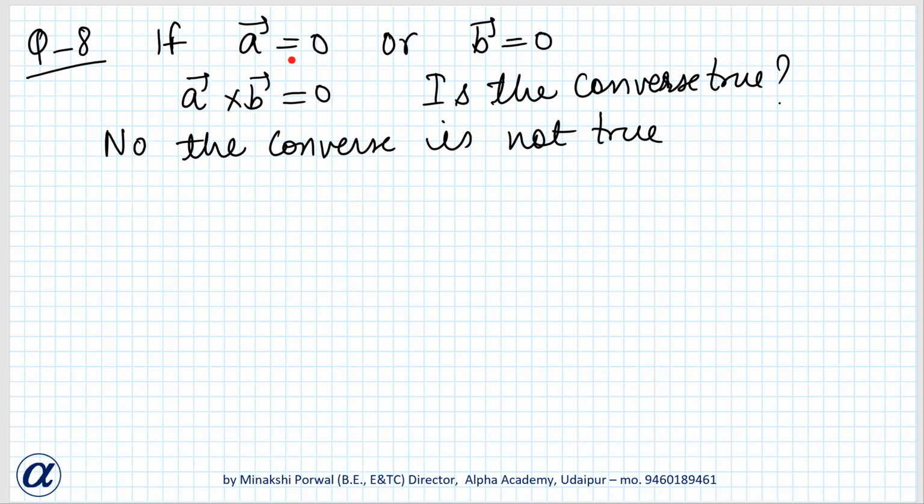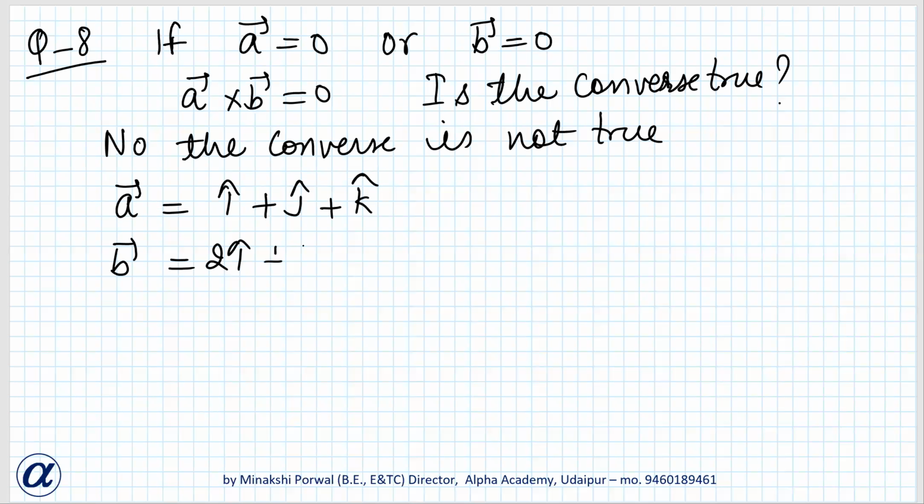Basically the question is this: if this is 0, then this is 0; if this is 0, can I conclude that both will be 0 always? So we can just give an example to prove that it is not true. Suppose A is I cap plus j cap plus k cap and B is 2i plus 2j plus 2k.